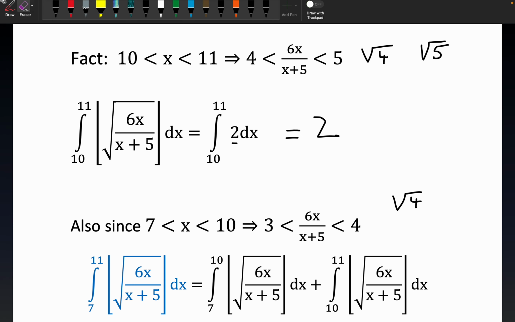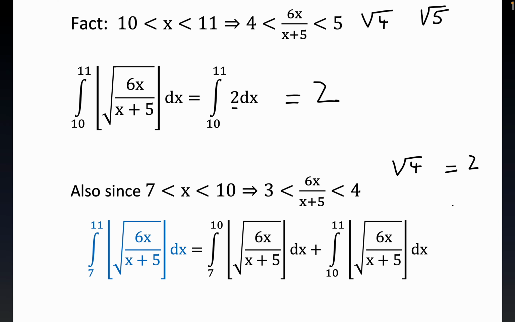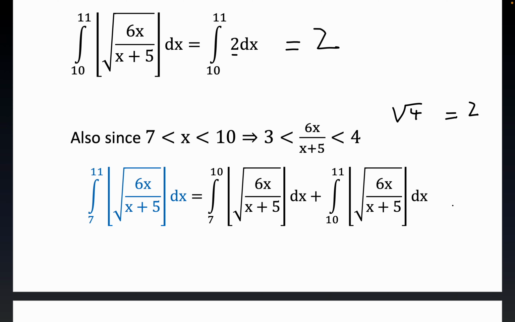If the quotient 6x over x plus 5 is trapped between 3 and 4, that means it's going to have a floor of 1, because when you take the square root, you get numbers between 1 and 2.